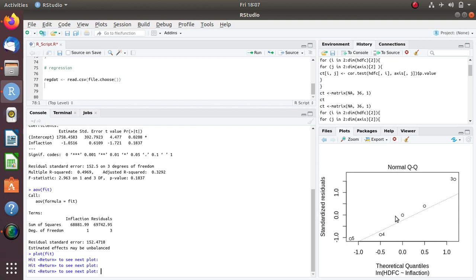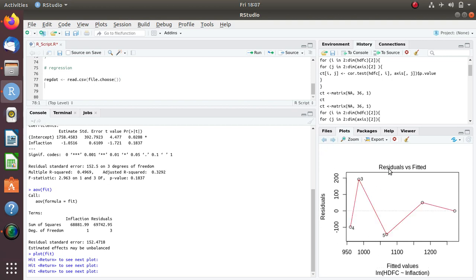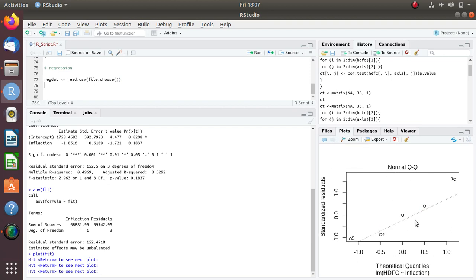These are the assumptions. Actually the first assumption is going to be the residual versus fitted. There must be equal number of data points above and below this 0 line, and then there is a normality plot. This plot will show you whether your data satisfies the normality assumption or not.